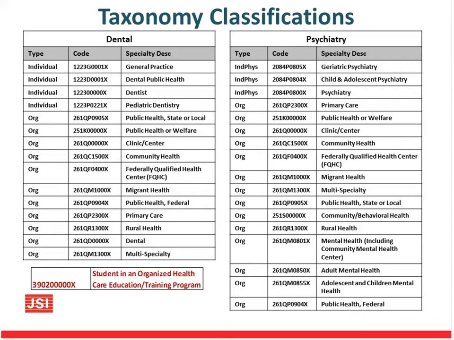The student and organized healthcare, this one's complicated. I'm not going to talk a lot about it. Obviously, we're supposed to count residents. A medical student can actually get an MPI. Mostly they don't need it. It's mostly for residents and interns. The problem is it's just one code, and so they may or may not have other specialties assigned.